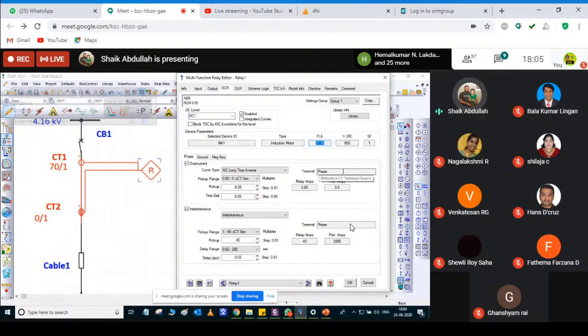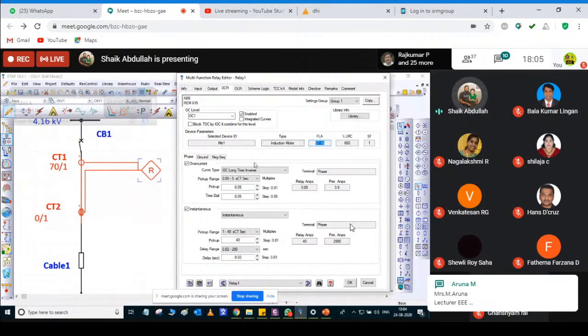It depends on your client also. Whenever a client requests 25%, you have to add 25% of your full load current and divide by your CT ratio. And the CT ratio here, based on your full load current, you have chosen as 70:1, because 57.1 into 1.1 is 62.81 amp.